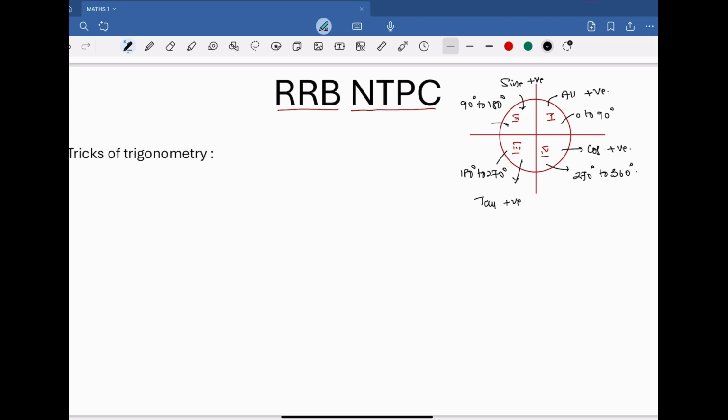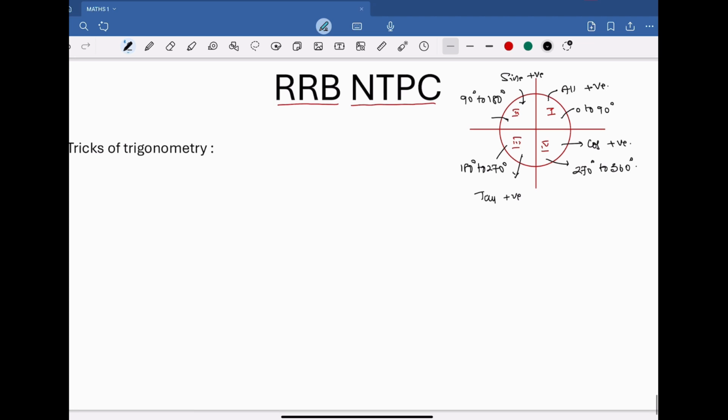Now, let us try to take some values, like 30 degrees.